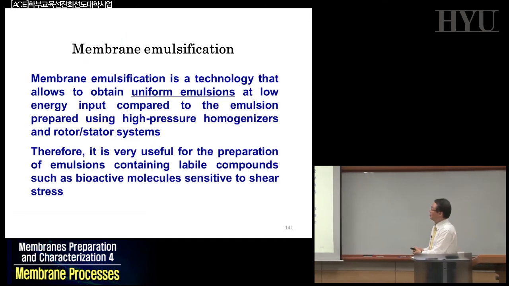Membrane emulsification has been, I think, touched on by Professor Drioli, because Professor Drioli's group is very well known for this membrane emulsification, as well as membrane crystallization and process intensification areas.